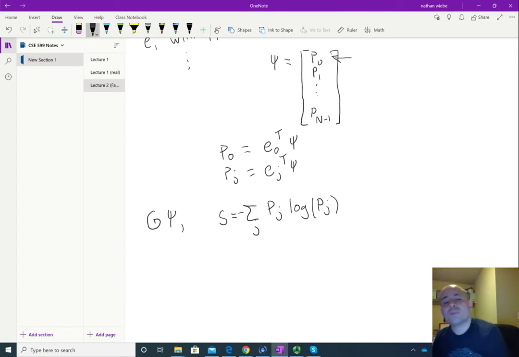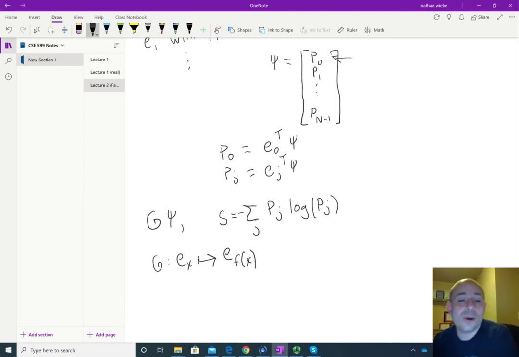Okay, so that's the Shannon entropy. And my claim is that applying G to psi doesn't change this. Okay, well, let's define then, if we go through this, let's say that G maps EX to EF of X.